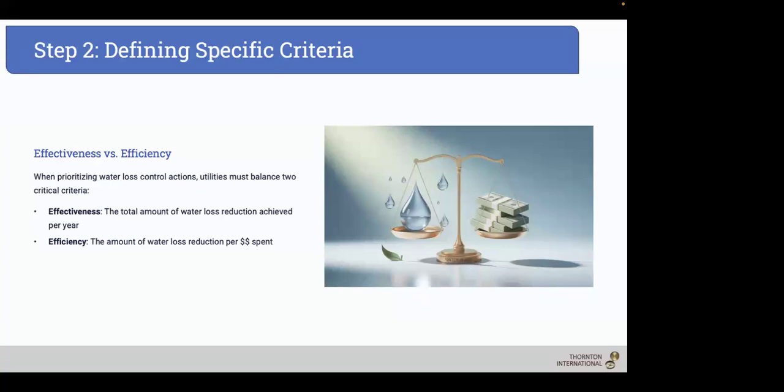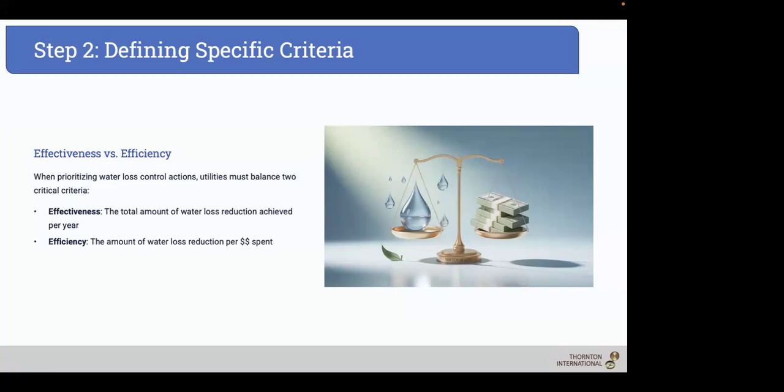Effectiveness is the volume of water loss reduction that can be achieved per year or per month or whatever. And the efficiency is the volume of water reduction per money expended, per dollar, per pound, whatever. But not always the most effective is the most efficient. We will talk about this a little bit later.